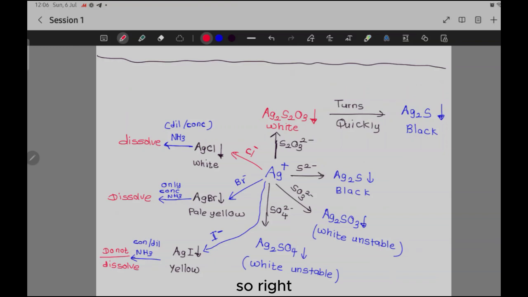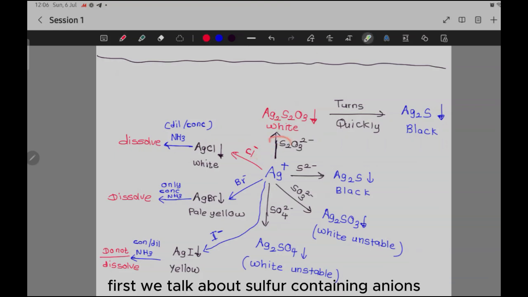So this is the story of silver plus ion with different anions. First we talk about sulfur containing anions, what happens when silver plus is added, and then we came to halides.